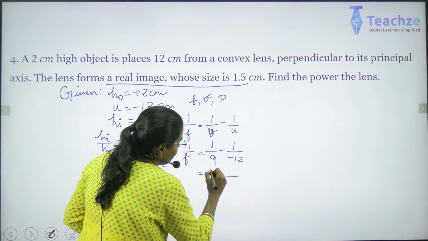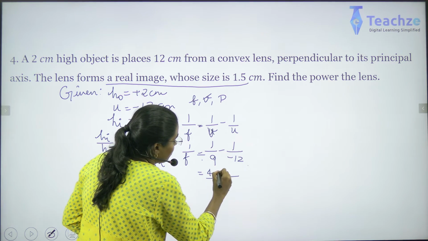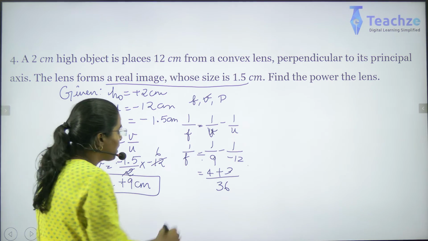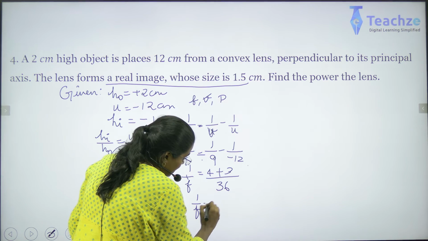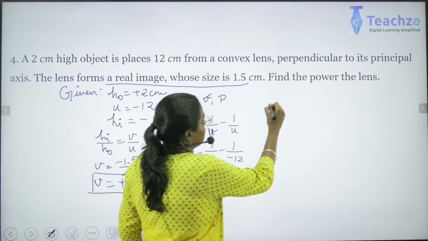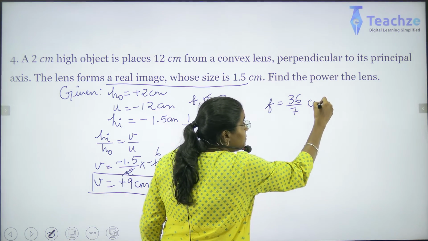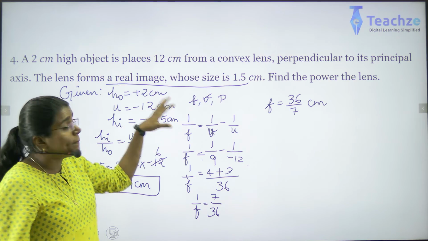So this will be 36, 4 plus 3, right? 4 plus 3. This will be 1 by F. So 1 by F is 7 by 36 and my F is 36 by 7 centimeter. Everything is in centimeter here.